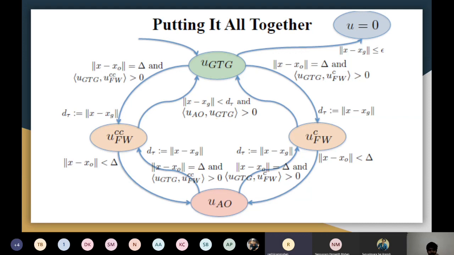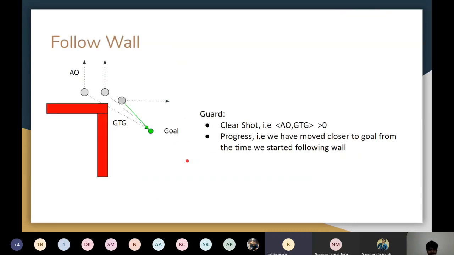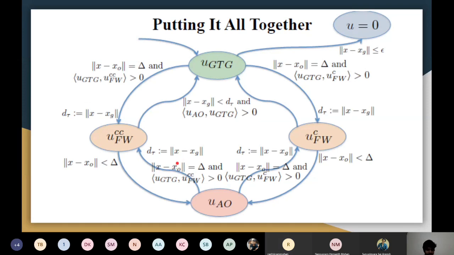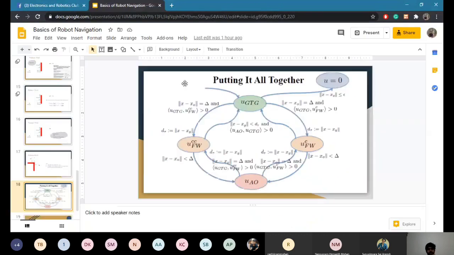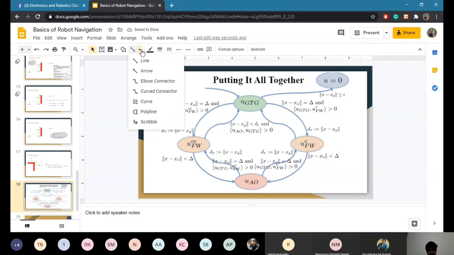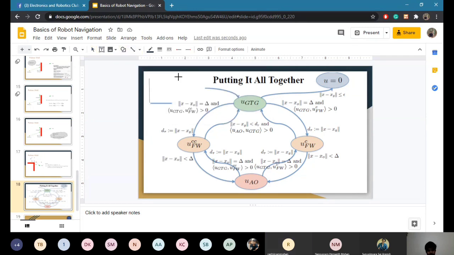And this modulus x minus xg, this one in the center. So let's say x is my position of the bot. Let me quickly draw some lines over here. Assume this is your coordinate axis, and there are two points, one is this point, and another point is over here.